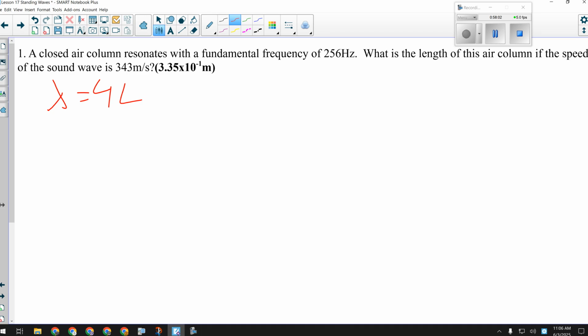And they told me its fundamental frequency, F1, is 256 hertz. What is the length of this air column if the speed of the sound wave is 343 meters per second? So they also gave me V. I have V and I have F. What can I calculate?